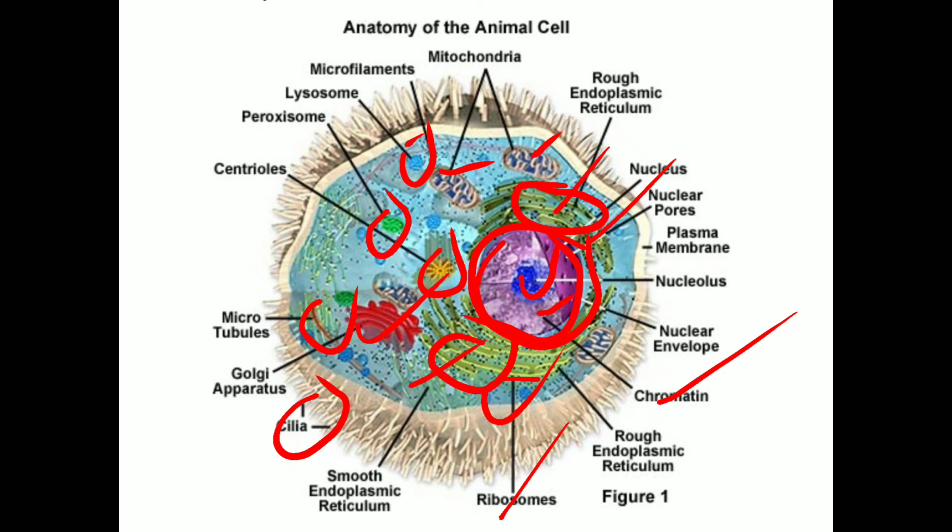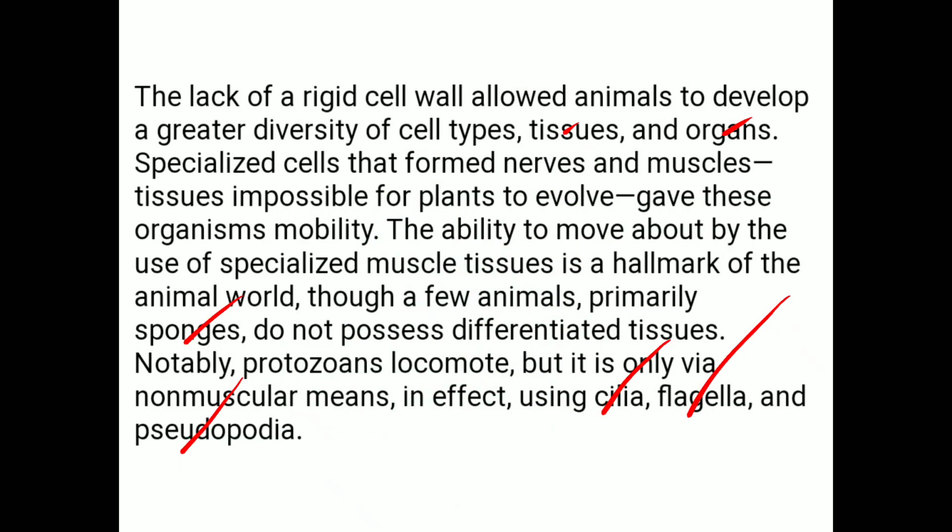Like that you have to draw the diagram and mention the different parts. Then go for the role of the cell compared to the plant cell, fungi cell and different kinds of cells, and what is unique in nature.